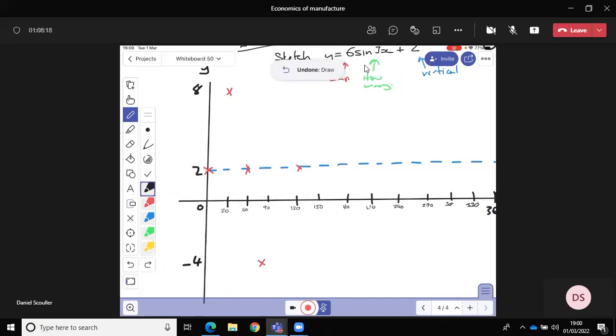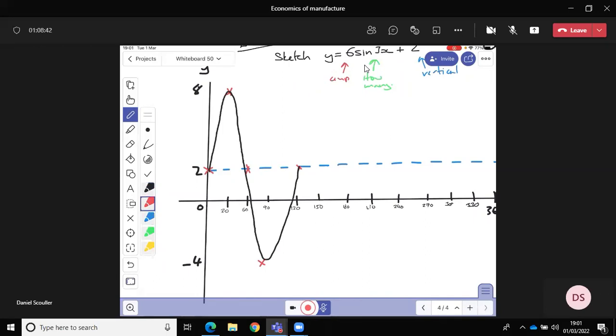It's quite hard to draw on this, so bear with me. Okay, so it's not the perfect wave, it's not got the perfect width there, but it shows all the key milestones. That continues to 360, so they want you to draw 3 full waves, so continue as is.